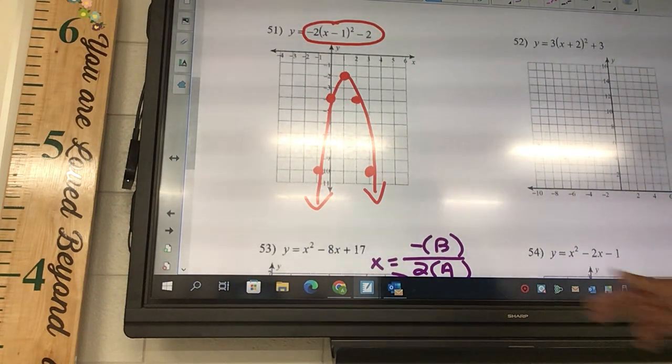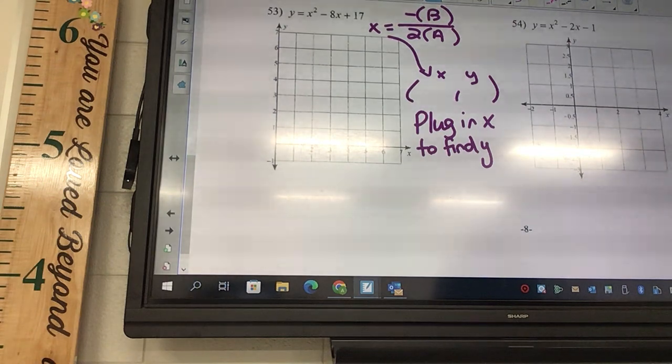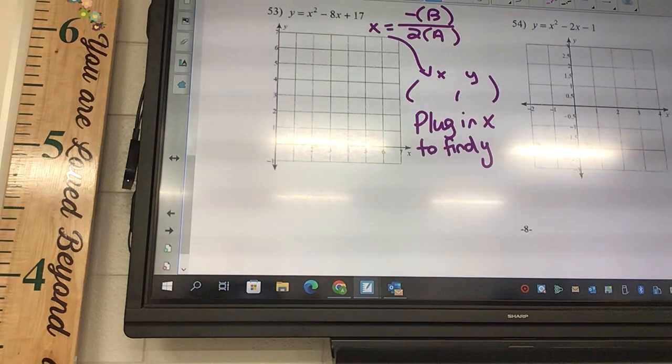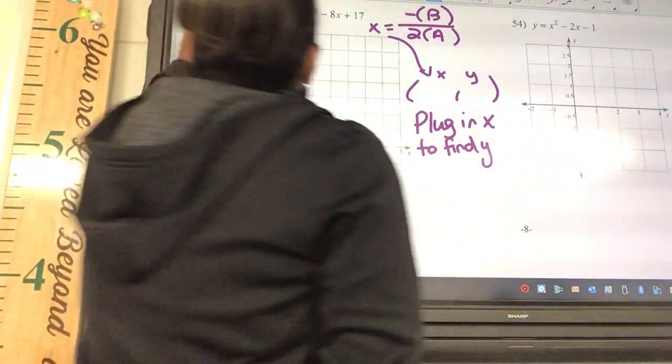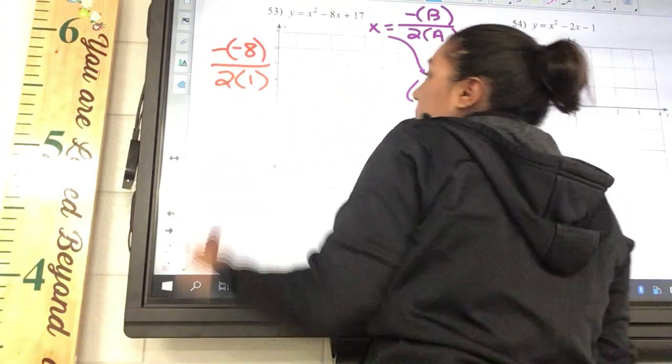The next ones are standard form, and those are the ones we just did not too long ago. So we do that -b over 2a, and that finds our x, and then we have to go back through and plug it in. My b happens to be -8 over 2, and my a is 1.